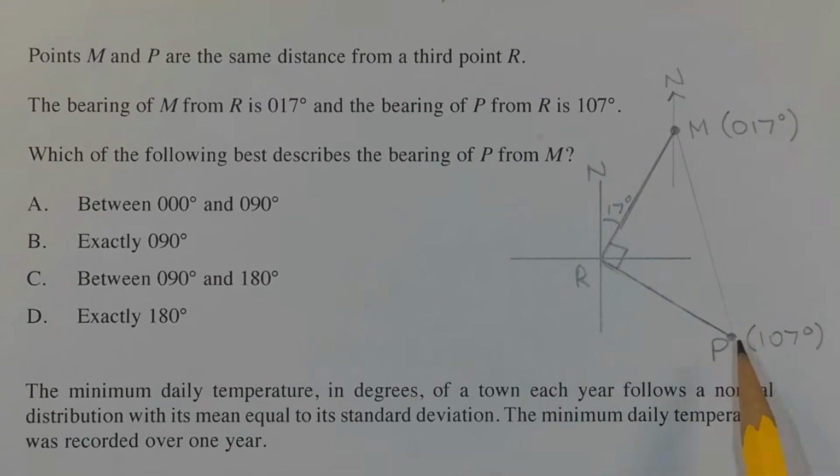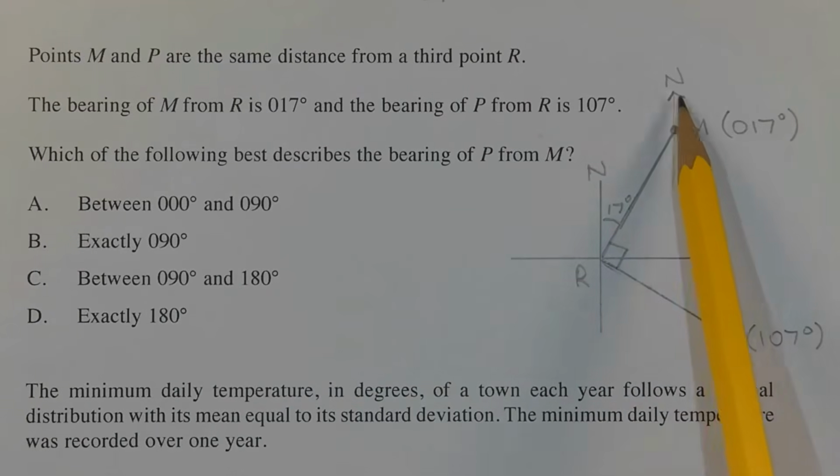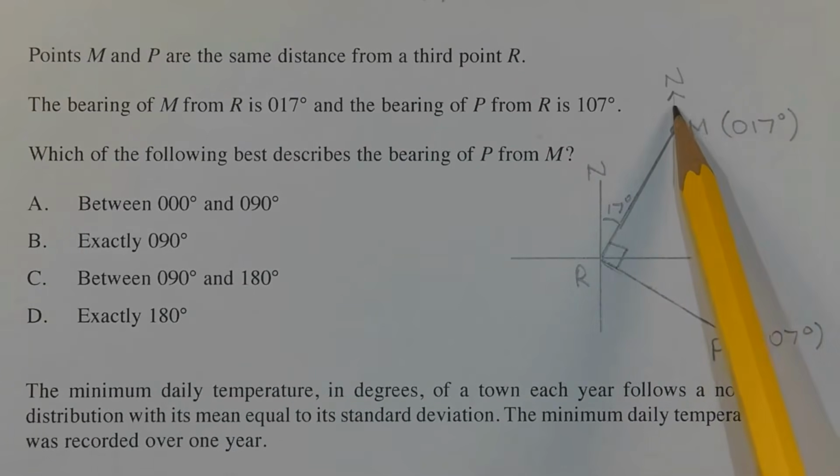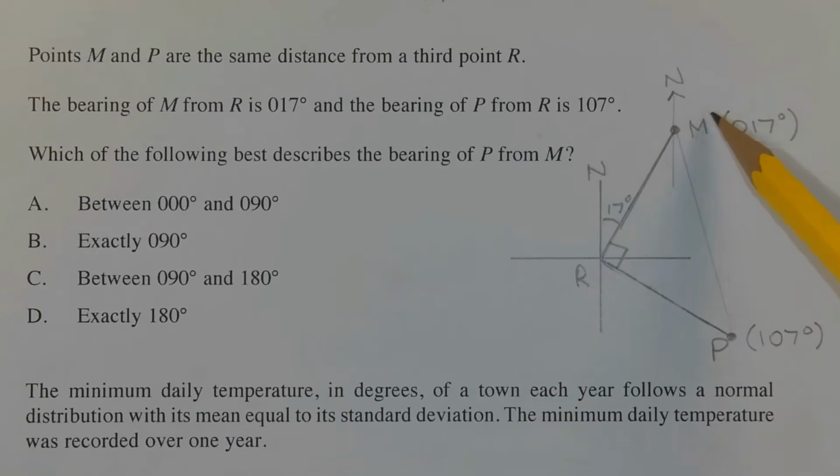And we want the bearing of P from M. That's why I've drawn the north-south axis through point M. The bearing is measured clockwise from north, so from this axis here, measured around until we strike interval MP.